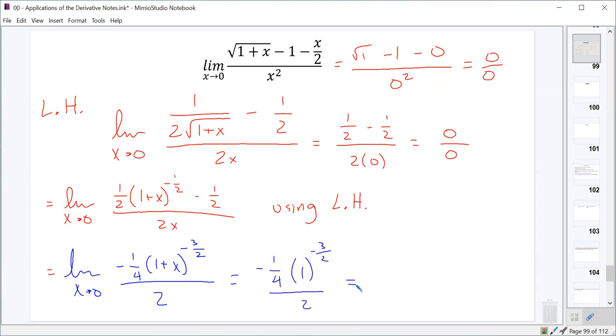And 1 to any power is just going to end up equaling 1. So we have negative 1/4 divided by 2, which is negative 1/8. And so if this had come out to be indeterminate, 0 over 0 again, we could just take another derivative of the numerator and derivative of the denominator. You can use L'Hopital's rule as many times as you need to until it ends up working out, as long as it continues to be either 0 over 0 or infinity over infinity.